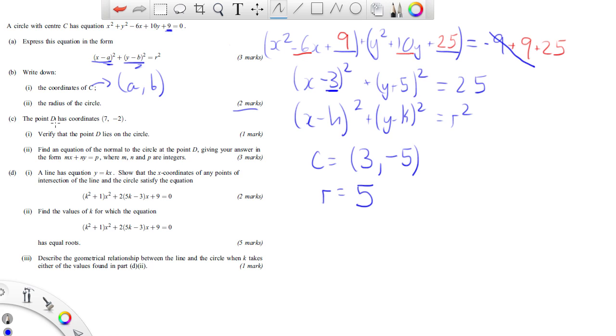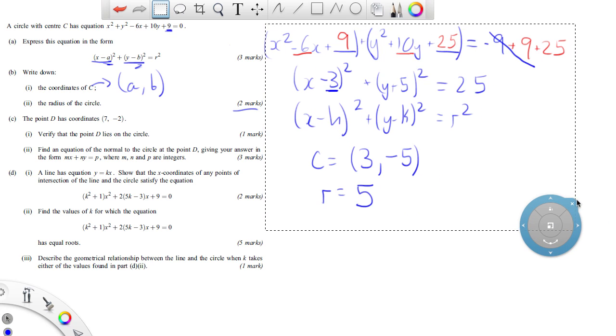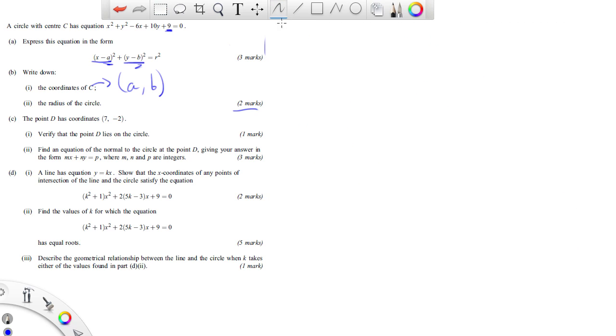Okay, now for part C here, it starts to get a little bit more complicated. They ask us to verify that point D is on the circle. All we have to do is take the equation that we have.